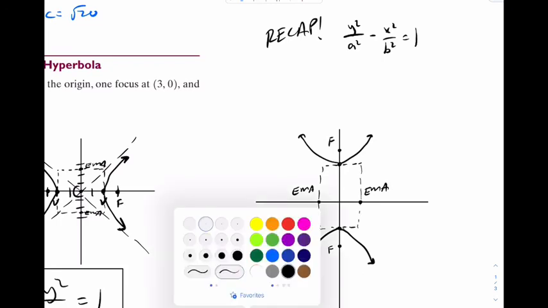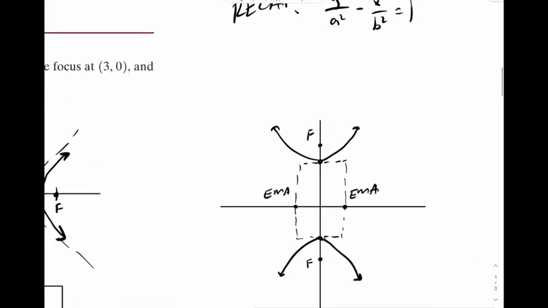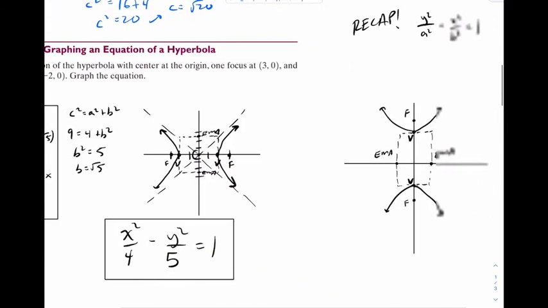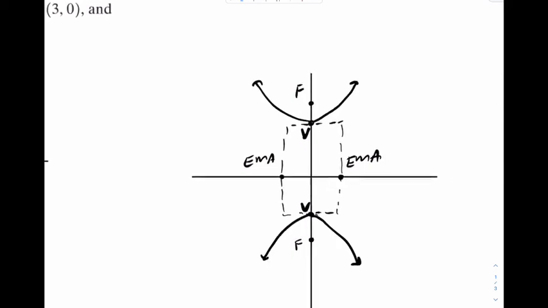Remember, your vertex points are always going to be related to where the hyperbolas actually are. So here and here, if it's the y squared version, and if it's the x squared version, you'll see them on the x part, like the x-axis almost. Our EMA is on the opposing axis.